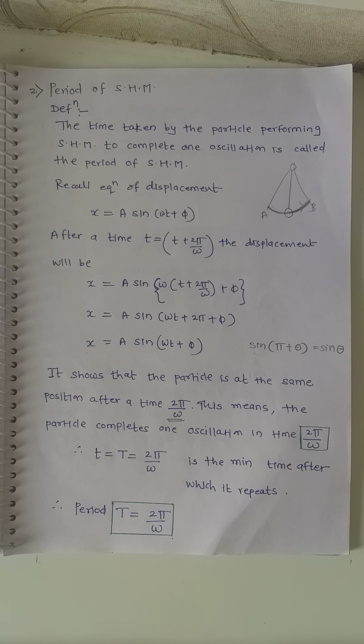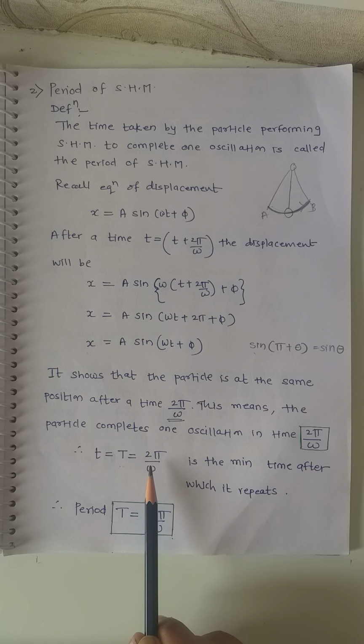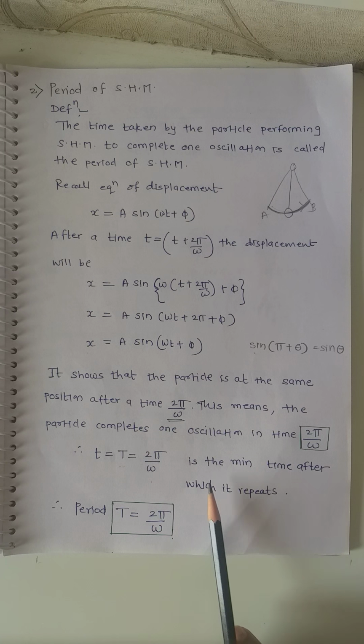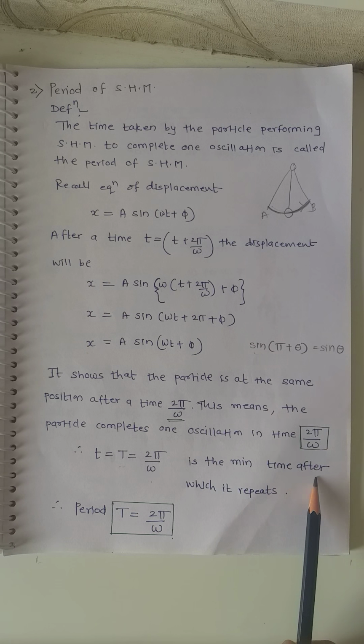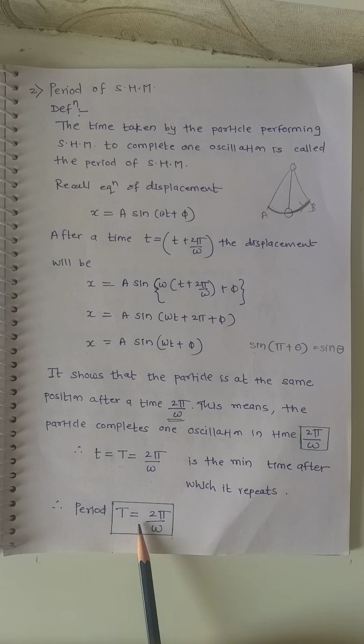This means the particle completes one oscillation in time 2 pi by omega. So our time will be equal to capital T, the notation for period of SHM, that is equal to 2 pi by omega. This is the minimum time after which it repeats itself. So period T is equal to 2 pi by omega.